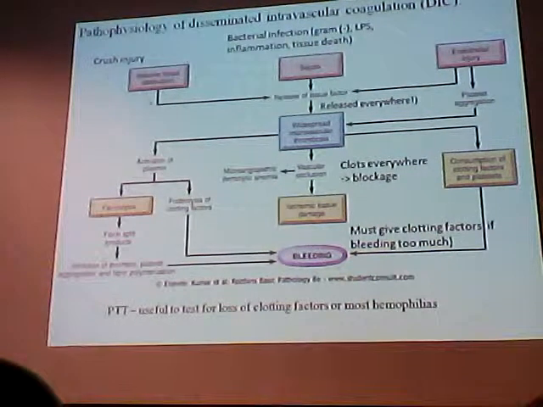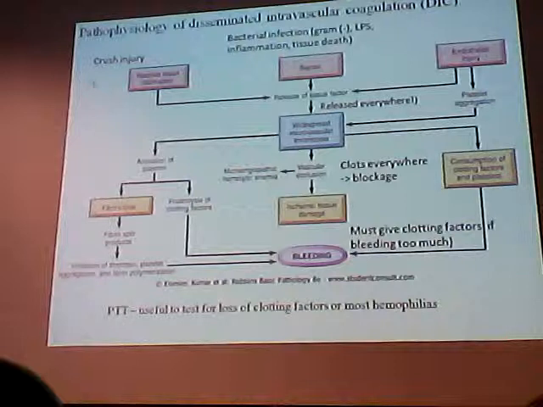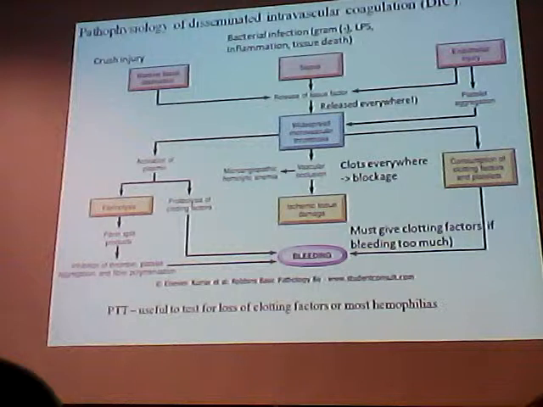One, you could have massive tissue destruction, like a crush injury, like if a tree fell on you or something hit you. Another way could be sepsis. It could be bacterial, like a gram-negative bacterium releasing some sort of toxin causing inflammation and tissue death. Or it could even be other forms of endothelial cell injury.